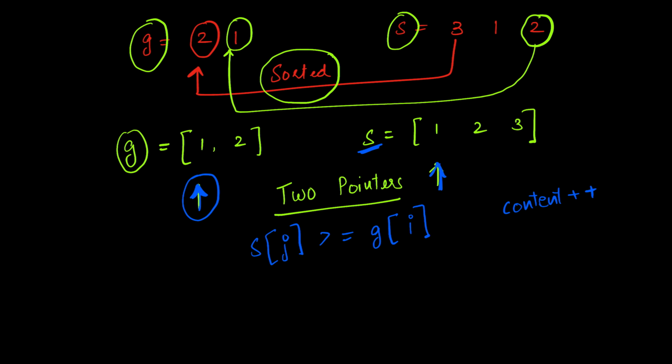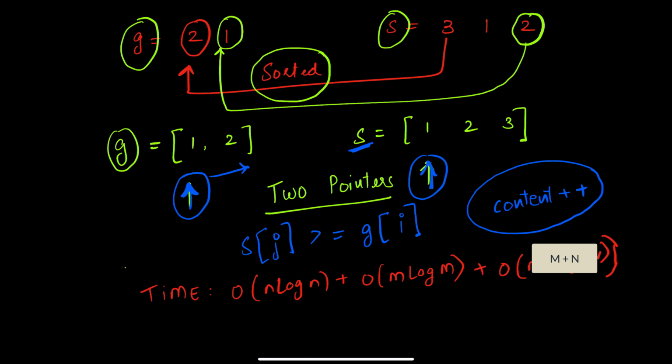We'll run this loop until all of the children are content or the greed factors are met or there are no more cookies left to be served. Once either of the conditions is not met, we will stop the loop and return the content as our output. With this solution, our time complexity is O of n log n plus m log m plus O of m plus n.